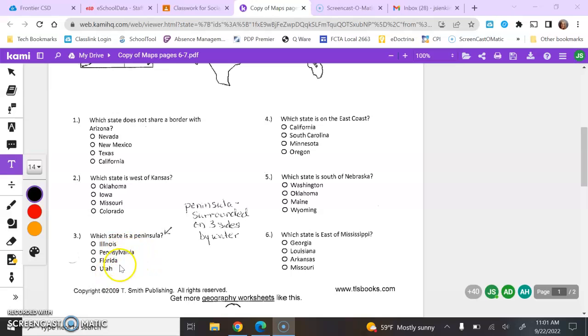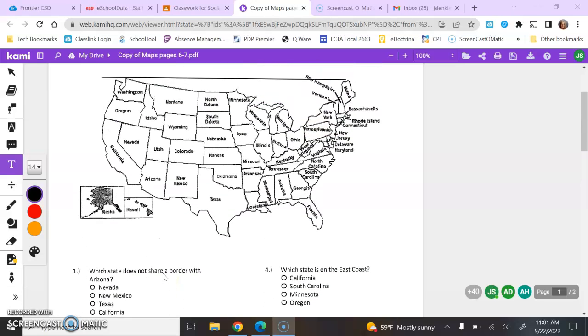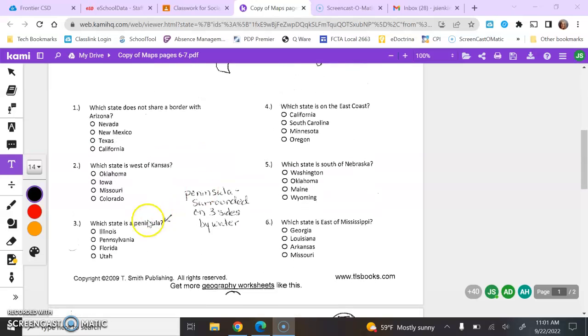You're going to look for those 4 states and see which one is a body of land that is surrounded by water on 3 sides. For example, if we had Oklahoma, that is surrounded by land all around it, so that is not a peninsula. Okay? So which one of those 4 is?